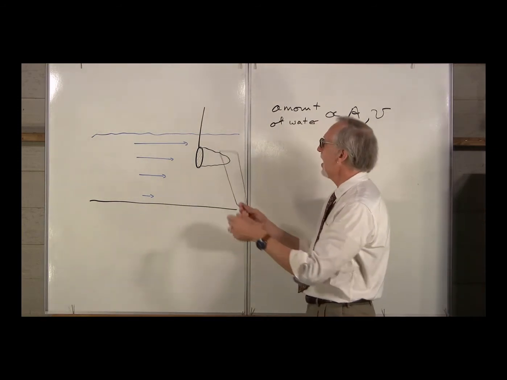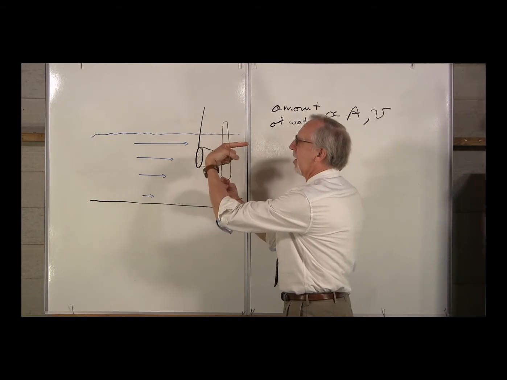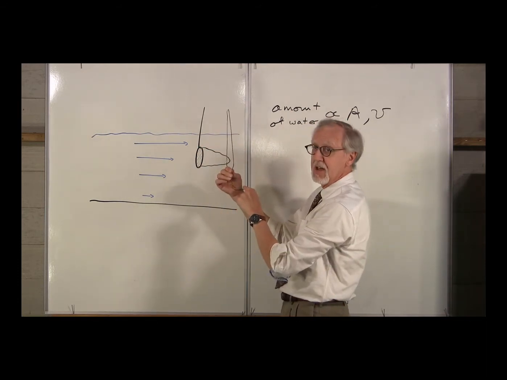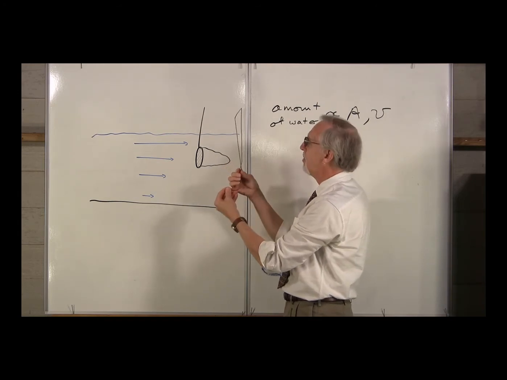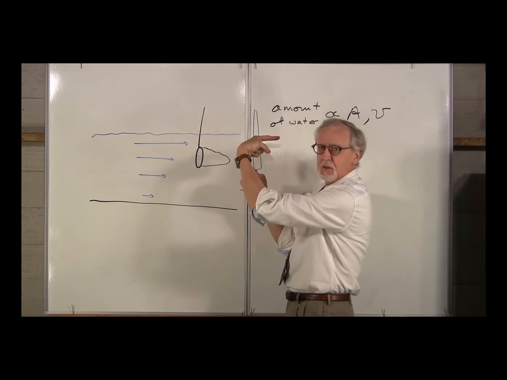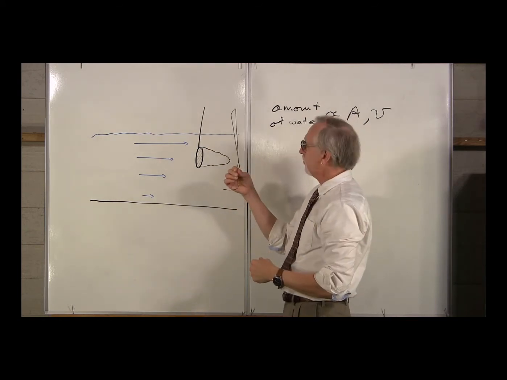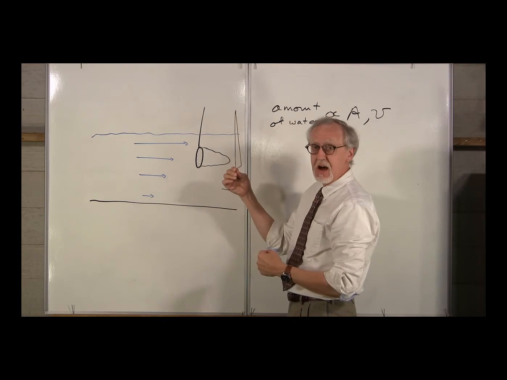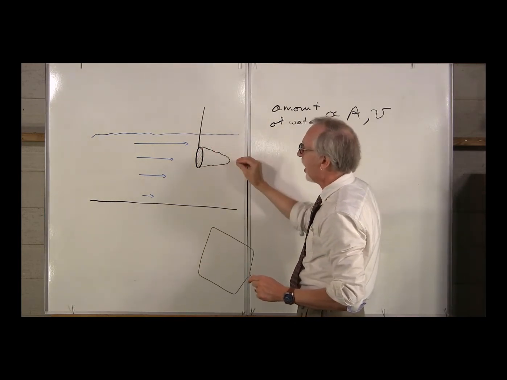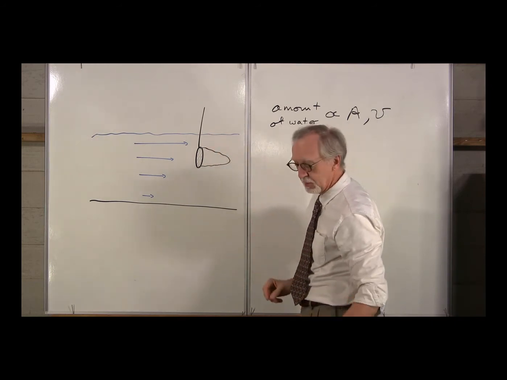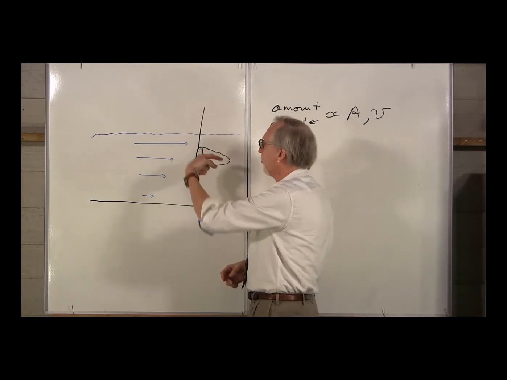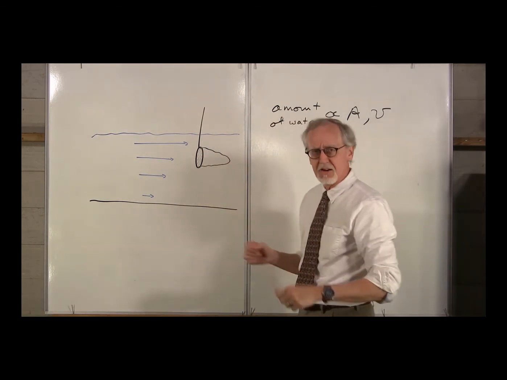So we can have a positive amount of water going into our loop if it's in the same direction as our area, or we might have a negative amount of water coming out of our loop, so to speak, if our area pointed the opposite direction. So we can think of our area as pointing the direction where our net is actually pointing. If we have the water going into our net, we have a positive amount of water. If we turn it around and it goes the other way, we'll have a negative amount.